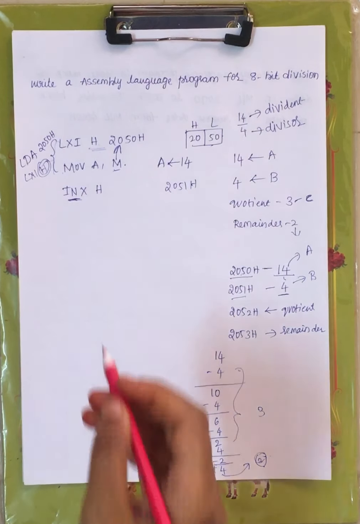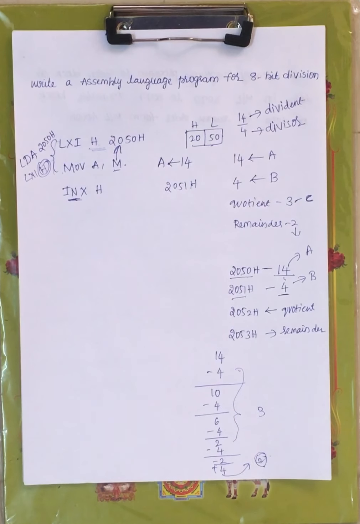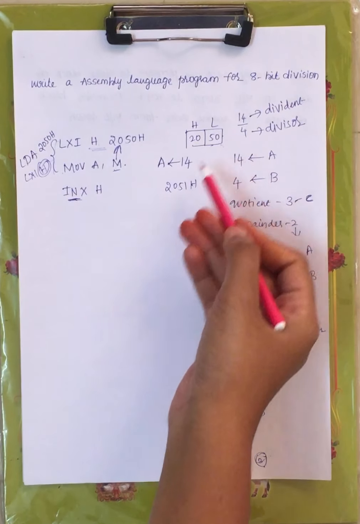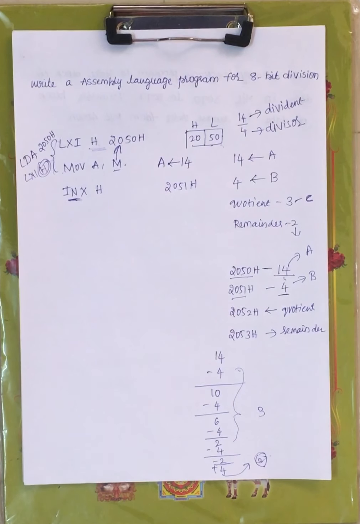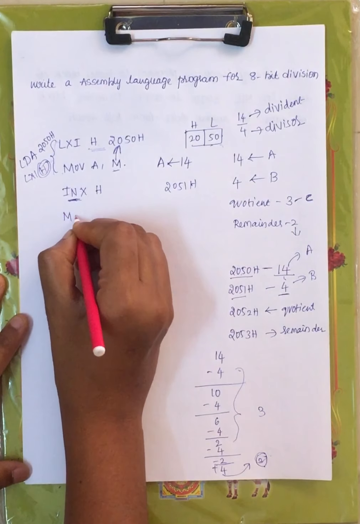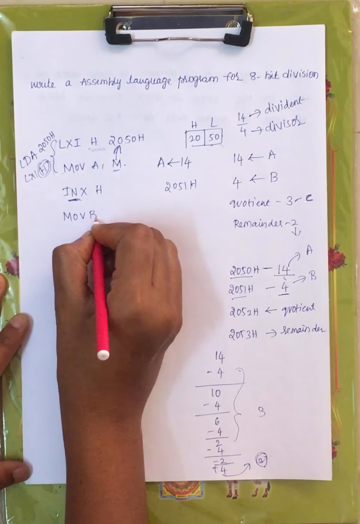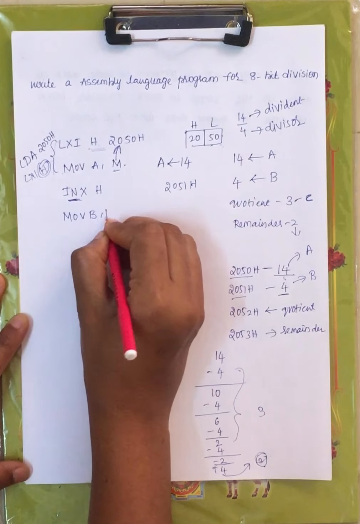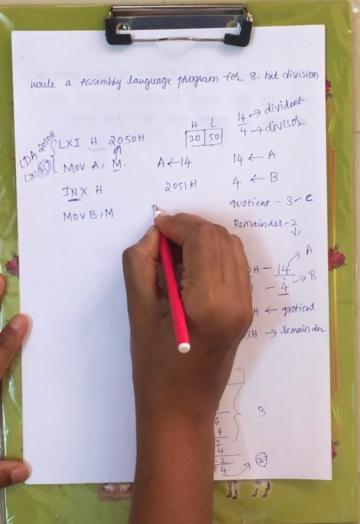Now we are incrementing the HL register pair. Initially it has 2050H. After incrementing you will get 2051H. 2051H contains the data that is the divisor. Now that is moved to the B register.